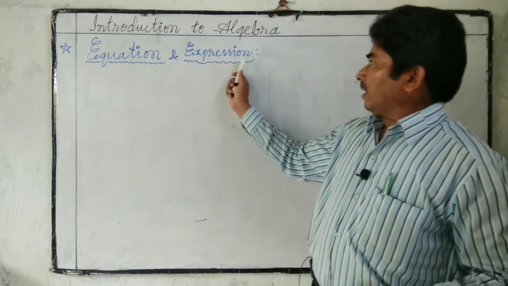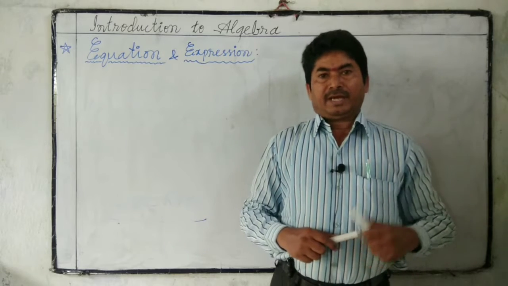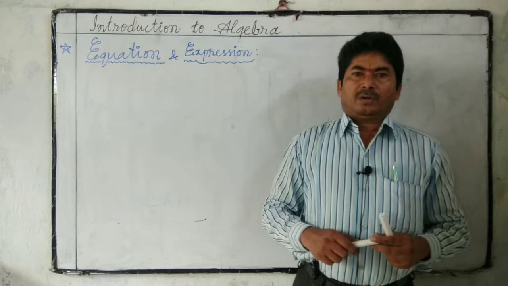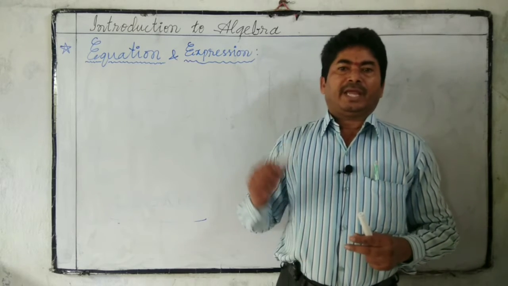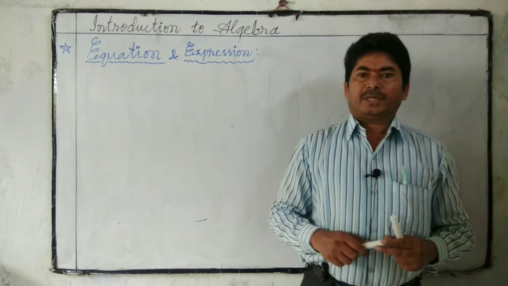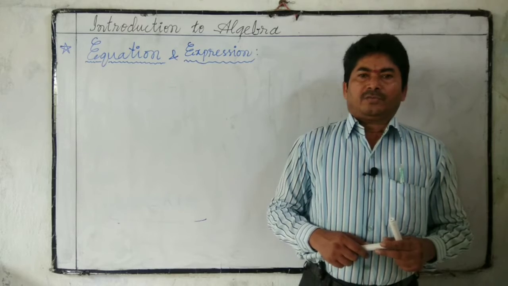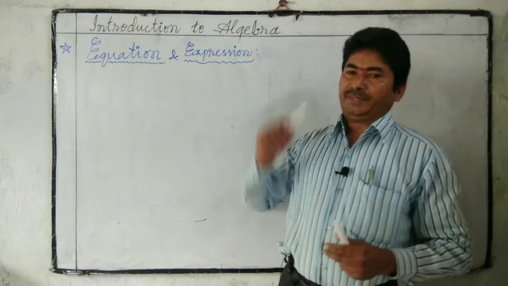Equation and expression. What is an equation? What is an expression? An expression with the equal sign is called an equation. Without the equal sign, it is called an expression.